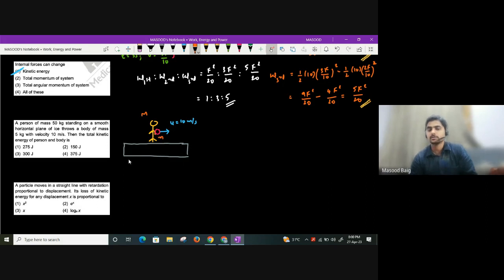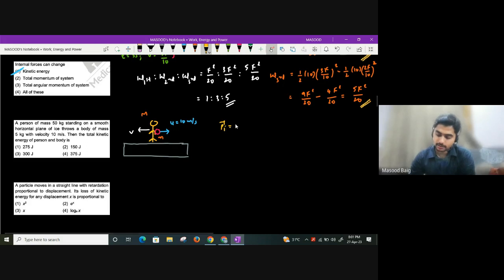Should the system have any momentum? No. Initial momentum is 0 because there is no external force, guys. Final momentum should also be 0. But finally, as the person throws the object, this object got some momentum in the positive x direction. So in order to cancel out that momentum, guys, the man is going to move in which direction? Backward direction. Clear, all of you? What are we going to use here?